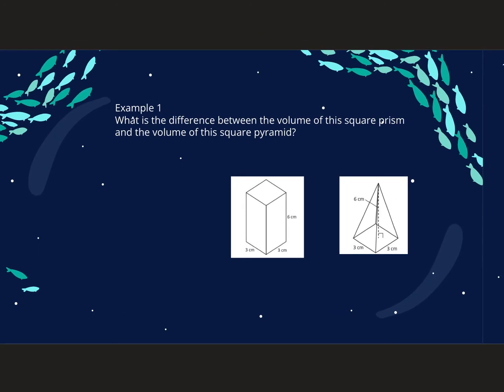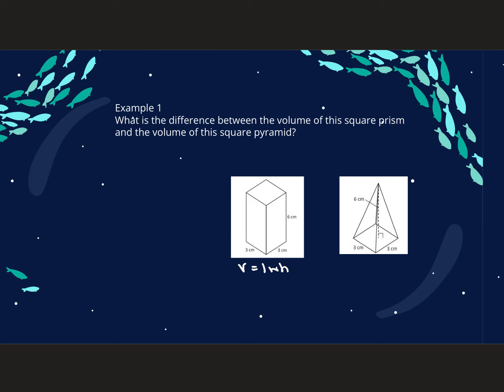Not only are we going to talk about the differences, but we're going to look at the differences in the volume. Example 1 says, what is the difference between the volume of this square prism and the volume of the square pyramid? We already know the formula for volume of a prism: length times width times height.